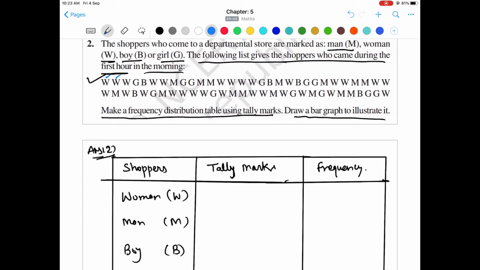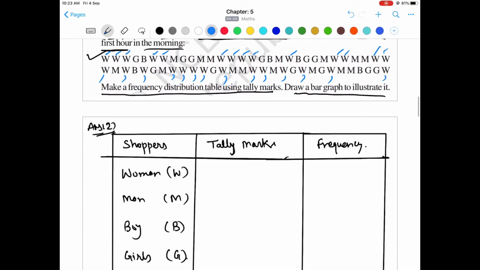Okay, 1 2 3 4 5 6 7 8 9 10 11 12 13 14 15 16 17 18 19 20 21 22 23 24 25 26 27 28. So the number of women visiting the departmental store is 28.